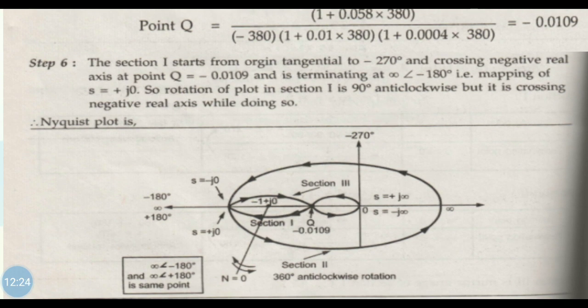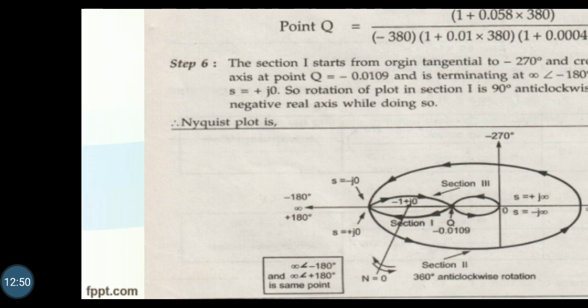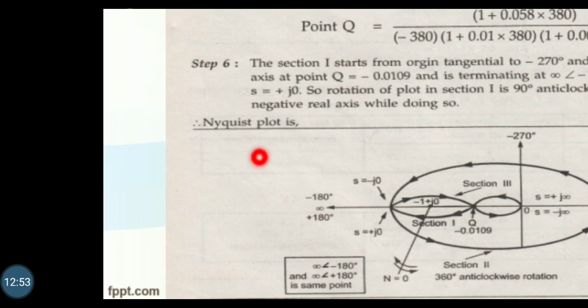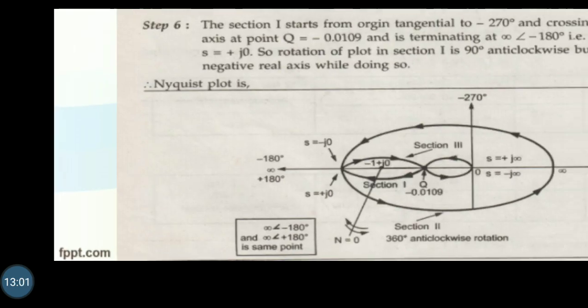Then draw a vector from this −1 + j0 which passes the Nyquist path, and you can see it is crossing the Nyquist path at two points. One is in this direction, which has been shown here.